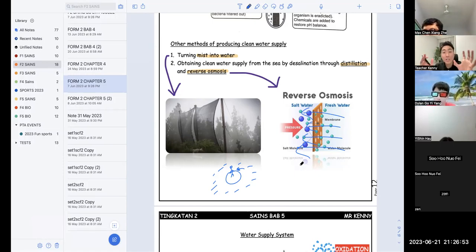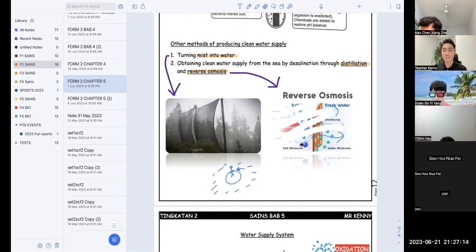But now, I don't want that to happen. I don't want salt water to pull my water away. I want to go the other way around. I want to pull the water out from salt water. This process is by applying pressure and pushing the salt water so that only the water molecules pass through. This is called reverse osmosis.